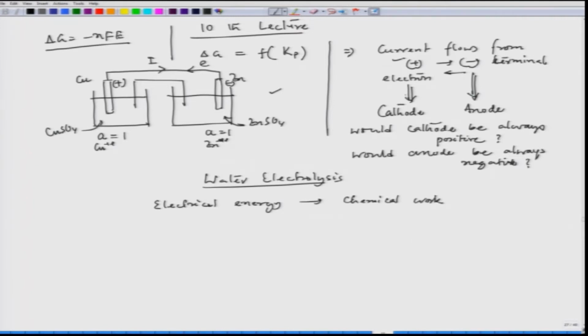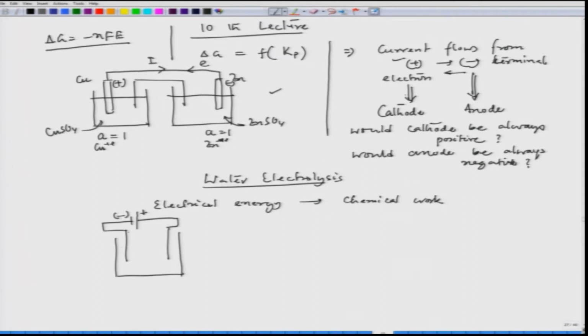Now, this is a very popular experiment from our 10th standard school days. So, what we had? We had a cell and 2 platinum electrodes, and those platinum electrodes are connected, one terminal to positive, one terminal to negative, and then this is negative, this is positive.